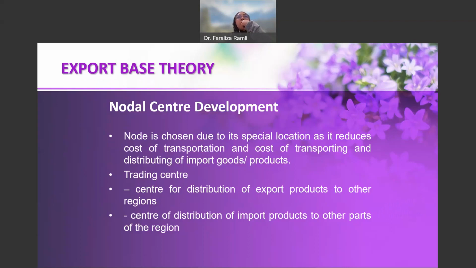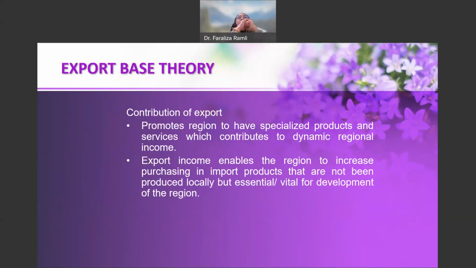Okay, as for nodal center development, this is a trading center for distribution of export products to other regions. Okay, a center of distribution of import products to other parts of the region, actually based on export products. Okay, contribution of export promotes the region to have specialized products and services which contribute to dynamic regional income.